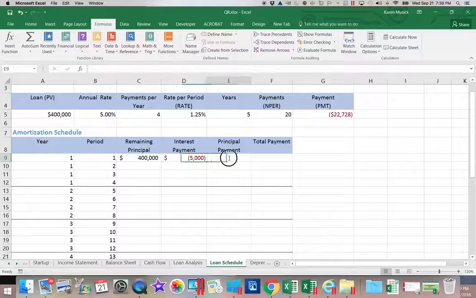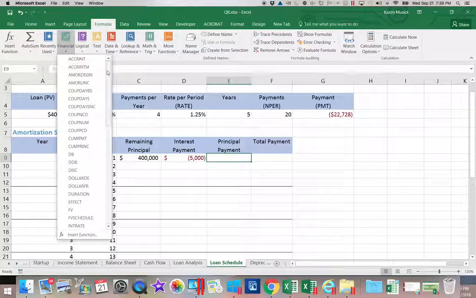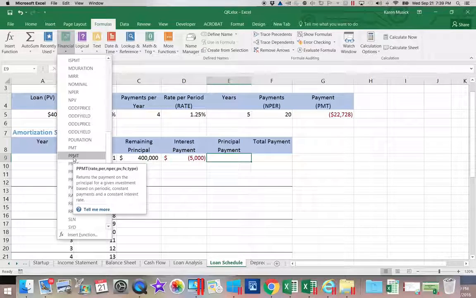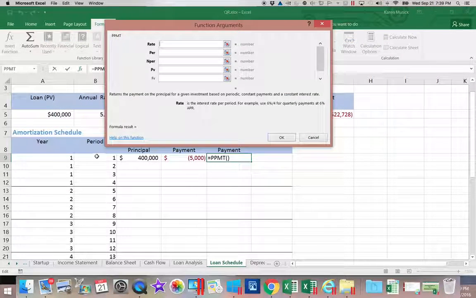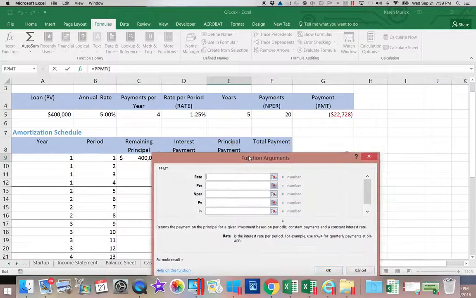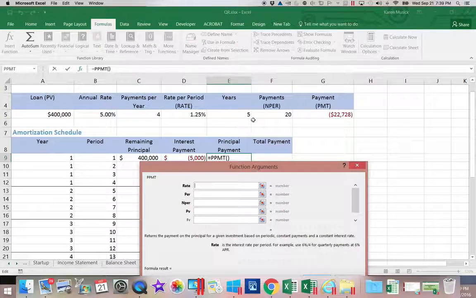So let's calculate the principal payment. We're going to go up to financial, and you're going to scroll down and find PPMT for principal payment. You'll notice these fields are identical. So I am going to choose the rate, make it absolute.